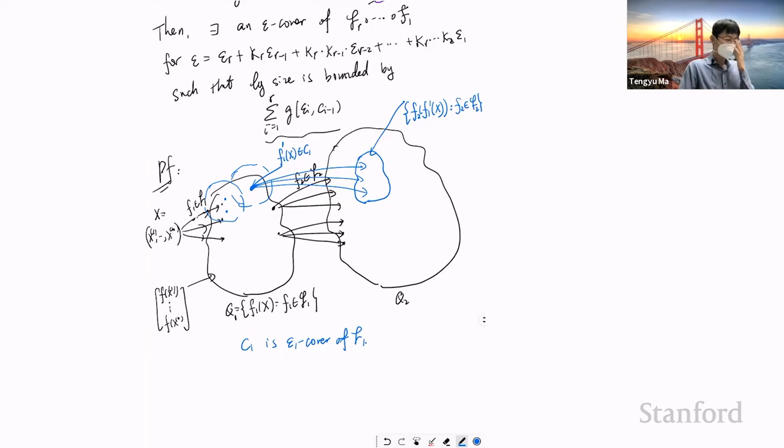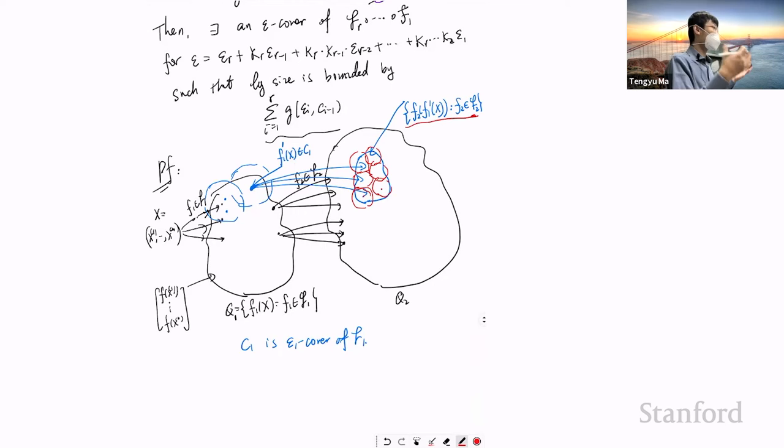Okay, and now what we do is that we cover this set by a new epsilon cover. I'm going to cover this with a bunch of things. And what does that mean? That really means that you choose a subset of capital F2 and cover, because here you are ranging over all possible functions in F2, right?